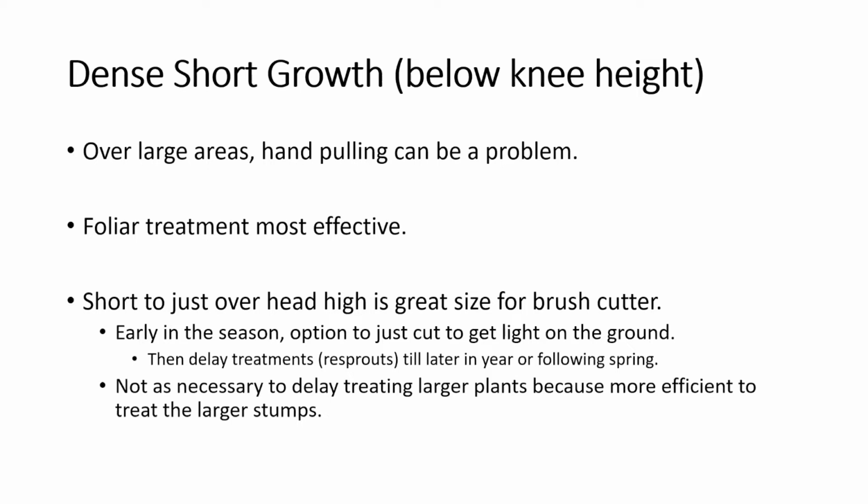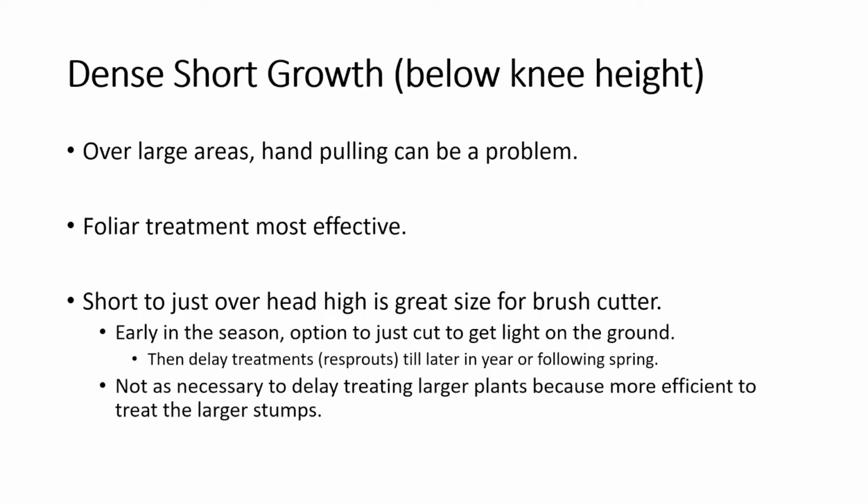Now, sometimes what I'll do on a site that has lots of short plants, there's usually a high potential for non-target effects. Another way to think about that is collateral damage for the native plants that you care about more. So to avoid some of that, especially if you're working during the growing season, one tactic you can use is a brush cutter.